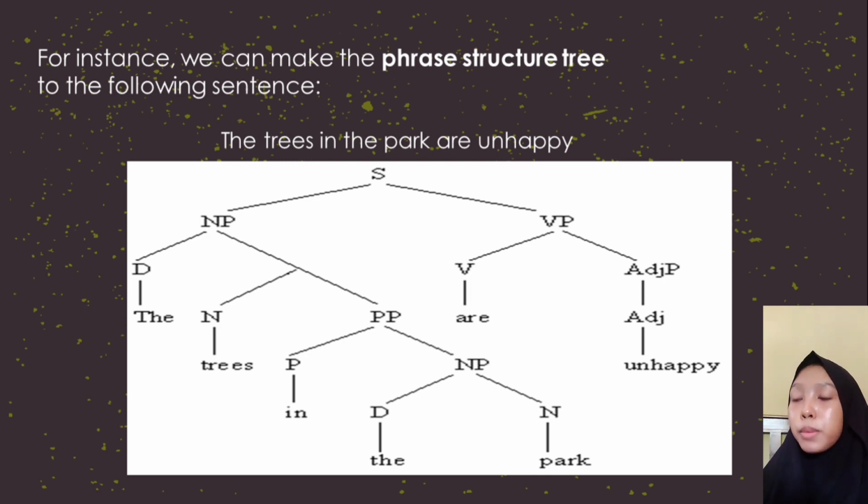PP: P in, NP: DET the, noun park. VP: V verb are. ADJP: ADJ unhappy.